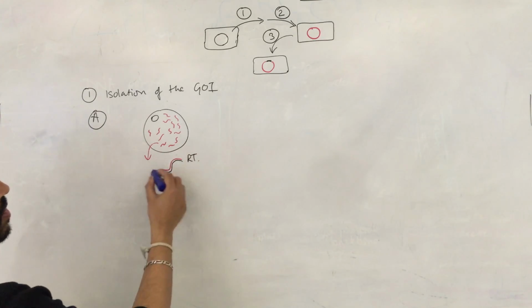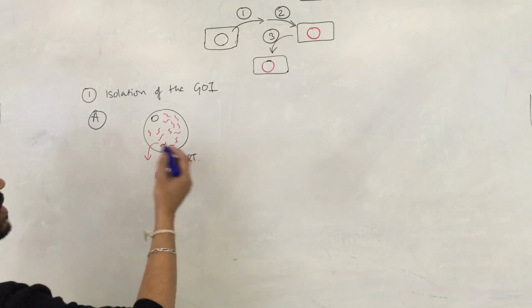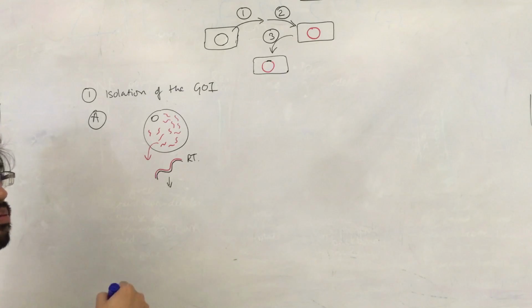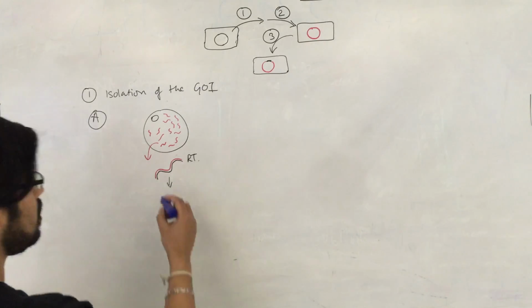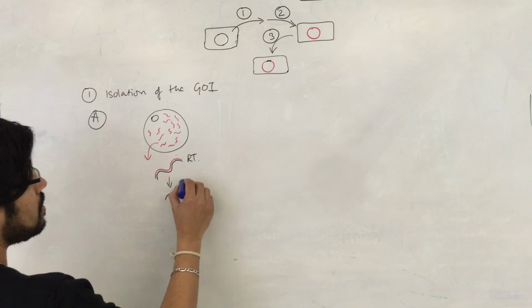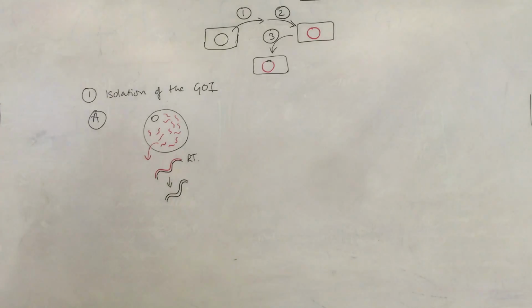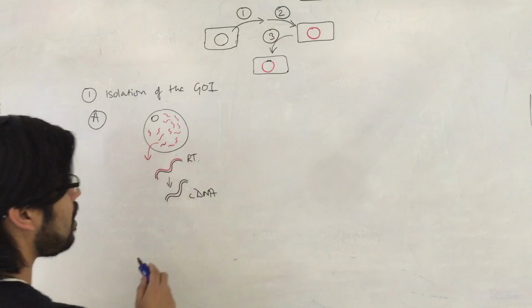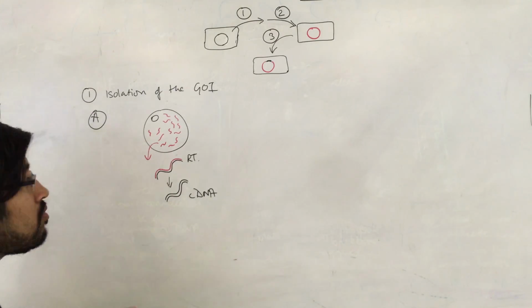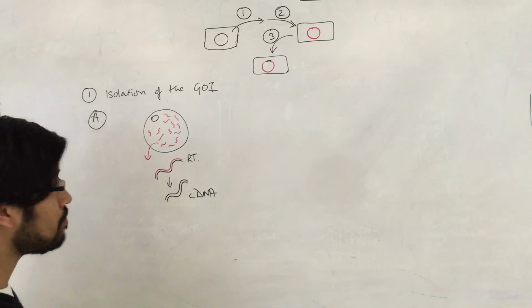Once we've made one of the DNA strands, we can then add DNA polymerase to make a complementary DNA strand to the first DNA strand. So that then turns into this. Okay? So now we have our cDNA. We have a DNA copy of the insulin mRNA.